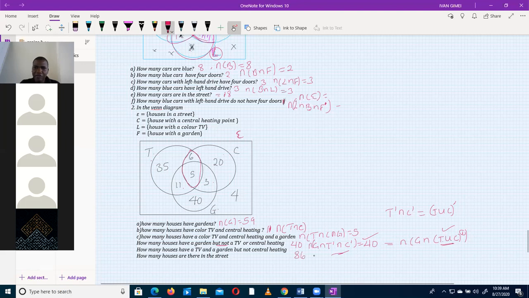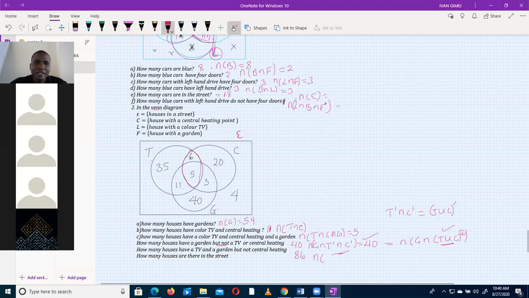How do you write that in set notation? Do you concur with him? Because they are saying how many houses have TV and garden, but not central heating.